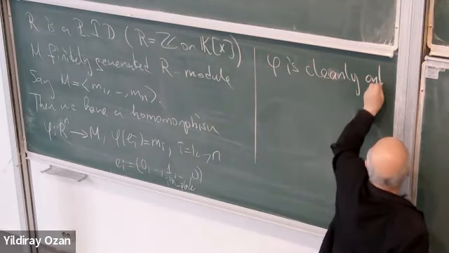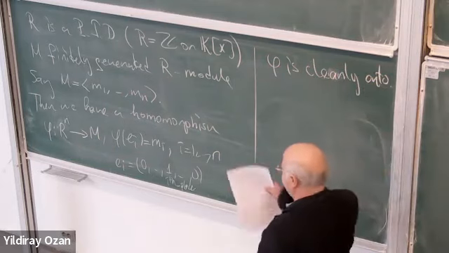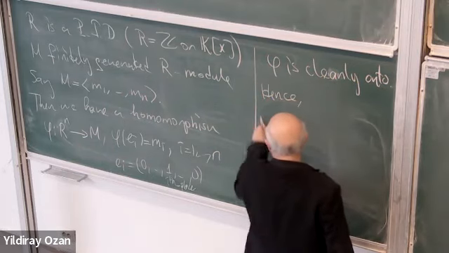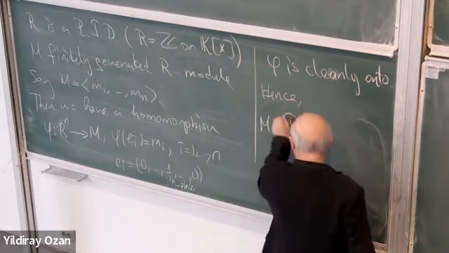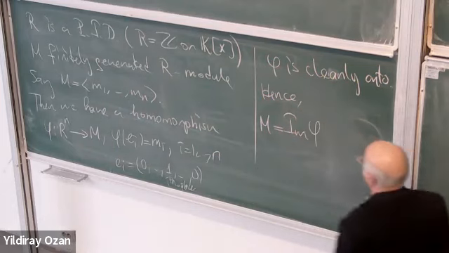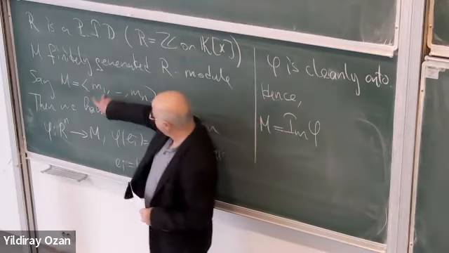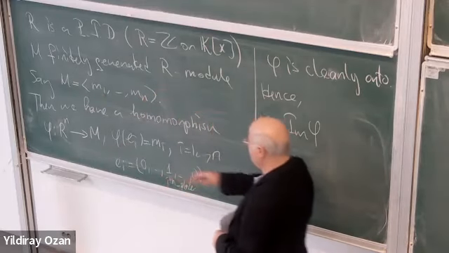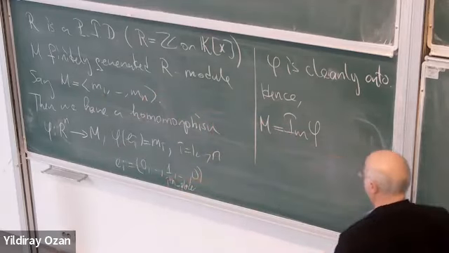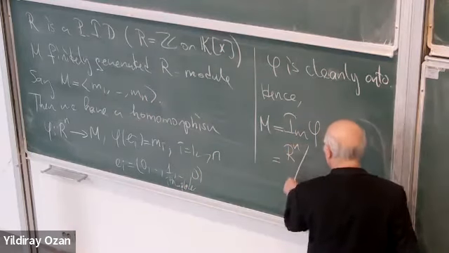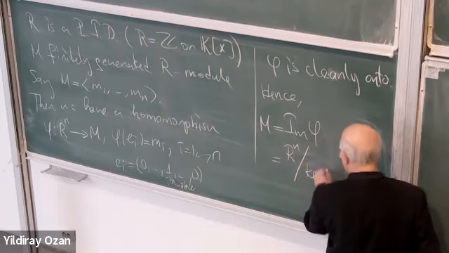Hence N is just the image of phi. Since it is onto, because every generator is in the image of our homomorphism, this is just R^n divided by the kernel, right?